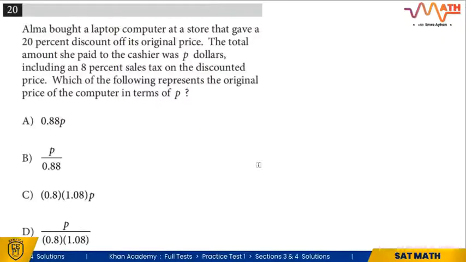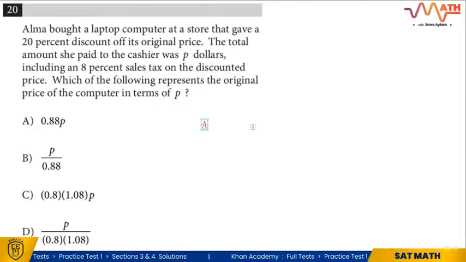So the following represents the original price. So here we have, let's say this is the initial amount, right? A is the initial amount.